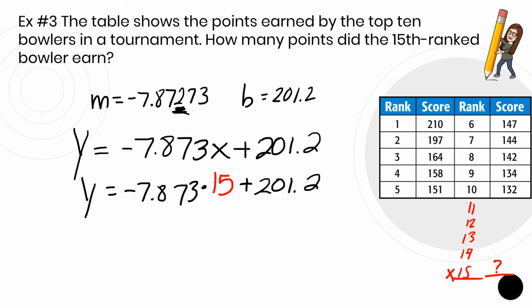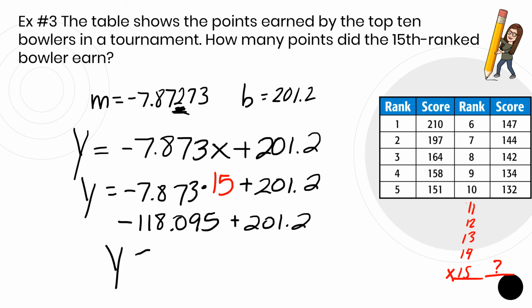So I've got -7.873 times 15. That's -118.095, negative of course, plus 201.2. Now we want to combine those values. I'm using my calculator as well. And I've got a y value of approximately 83.105.